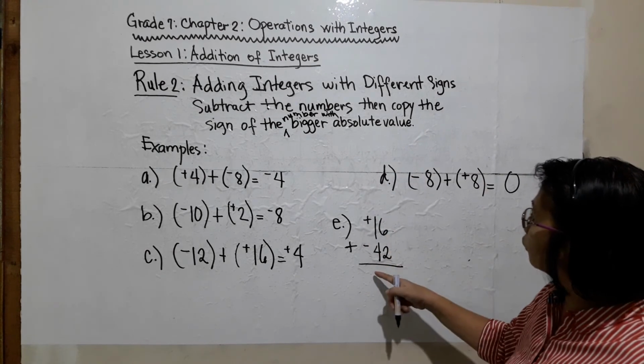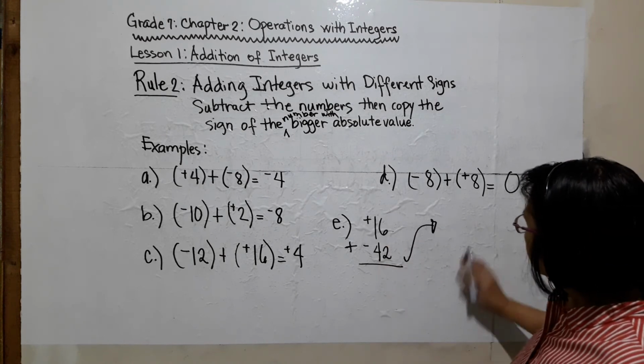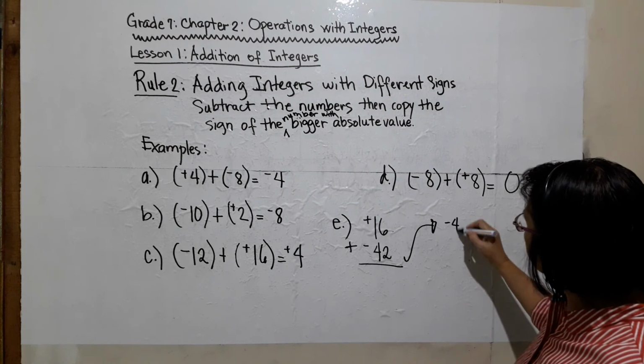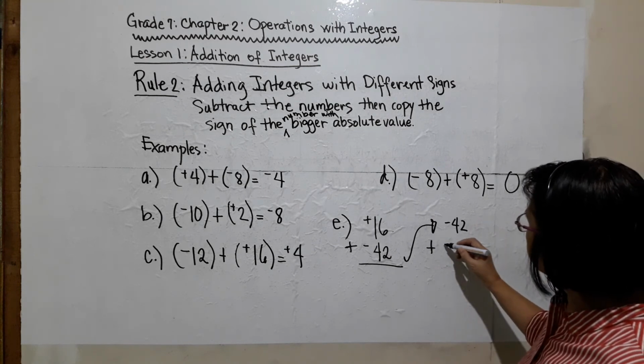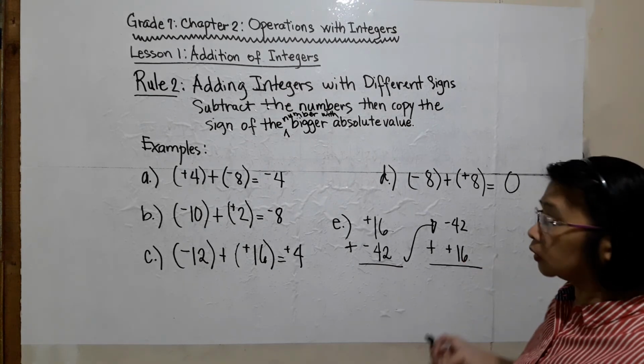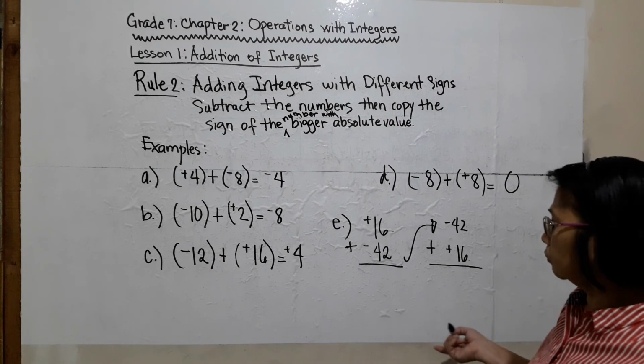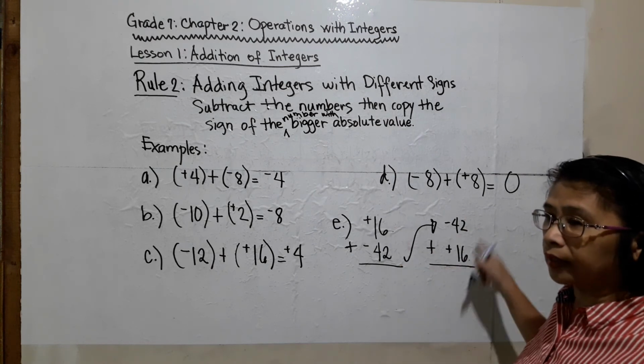So what are we going to do if you cannot subtract mentally? You have to rewrite. So you have to write it here, negative 42 plus positive 16. But if you can, you can subtract it mentally, directly, without doing the rewriting this way.